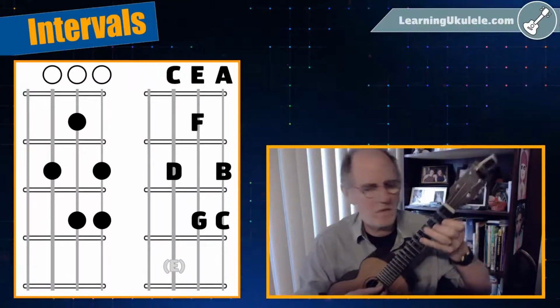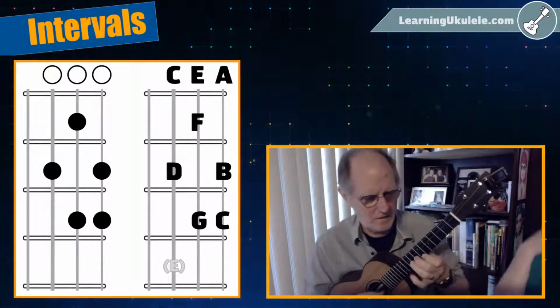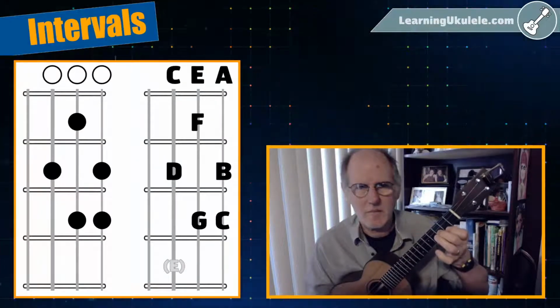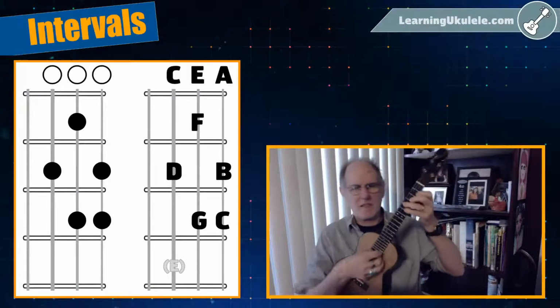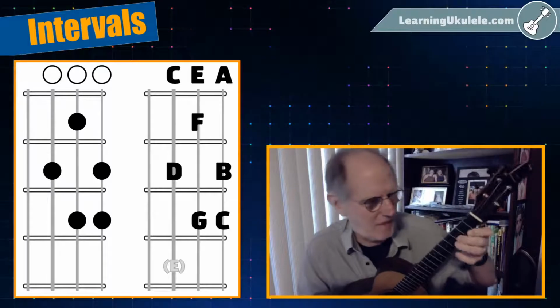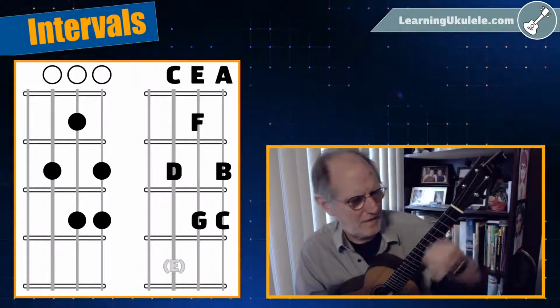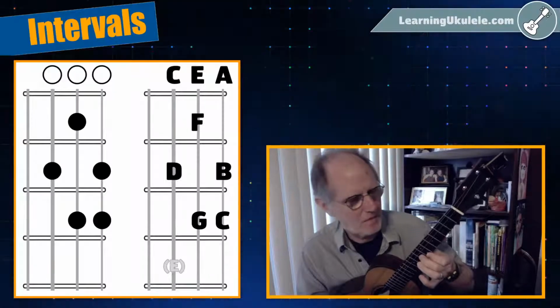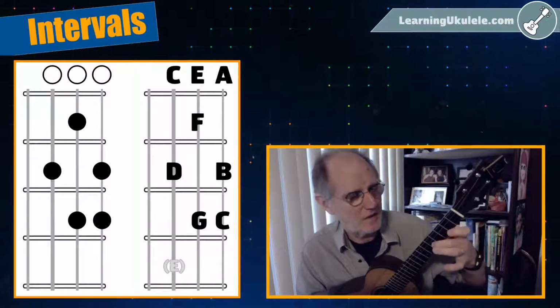Like here's an intro, Brown Eyed Girl. Now say you mess that up. I usually play it this way here, and I have to shift. A lot of people play it like that, or some people even play it with 2 fingers.